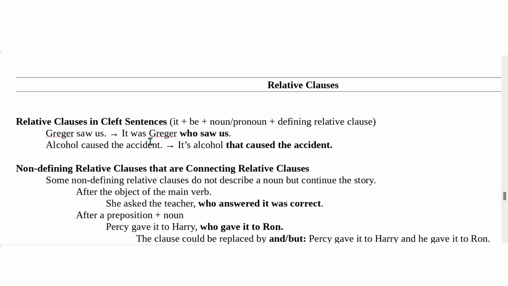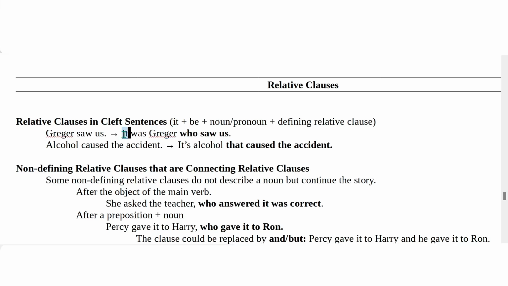It was Gregor, so now it becomes like, because now Gregor is not the subject anymore, right? You cannot say Gregor saw us, because Gregor over here is the complement of this subject it, right? Remember? If you have the verb to be, then this is a complement, right?